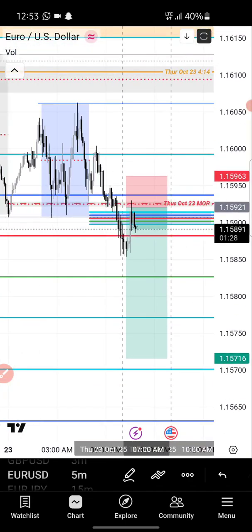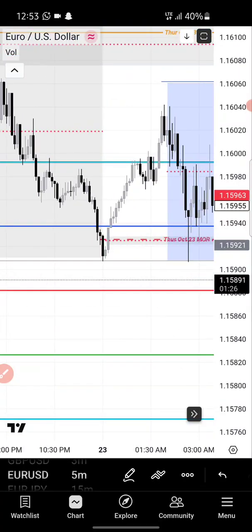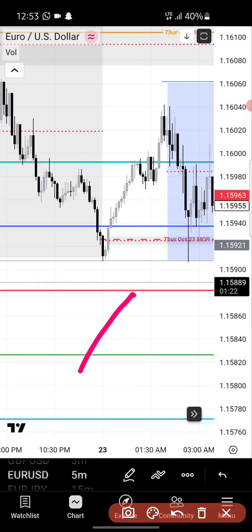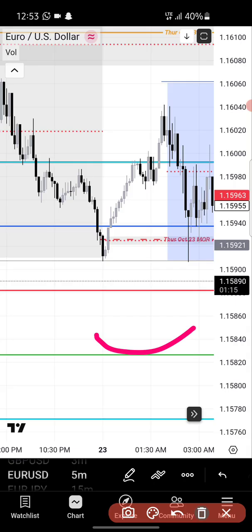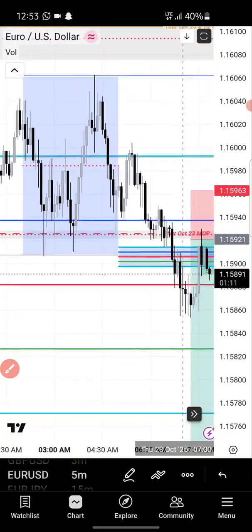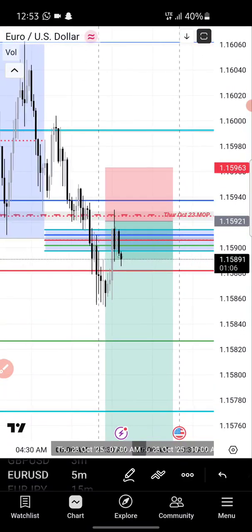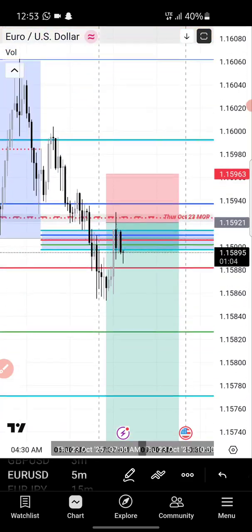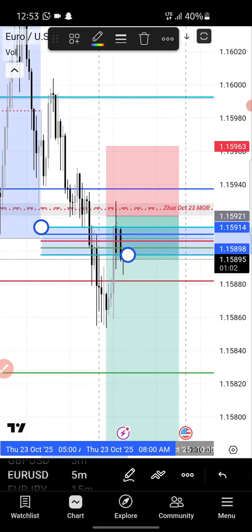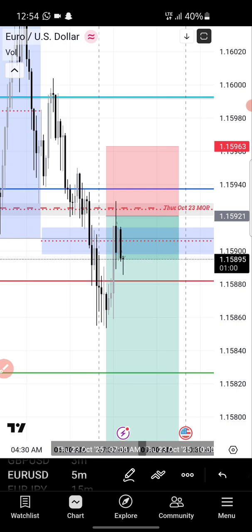So broke down by using that fair value gap, this initial fair value gap that was formed here during the London session. We're using that fair value gap as our inversion fair value gap. So let's see what happens. Yeah, alright, so that is what we have seen.